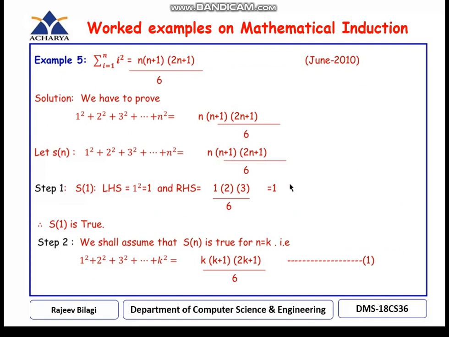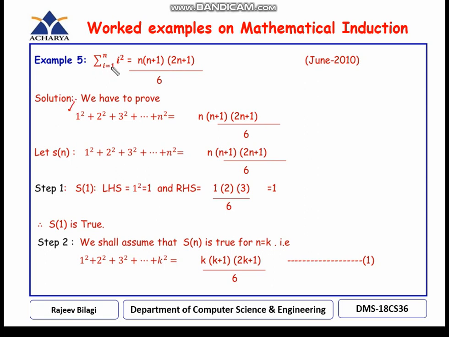Another important problem quite often asked is sigma of i equal to 1 to n of i square is equal to n into bracket n plus 1 into 2n plus 1 divided by 6. So what we need to prove: if we substitute i equal to 1, that is 1 square.